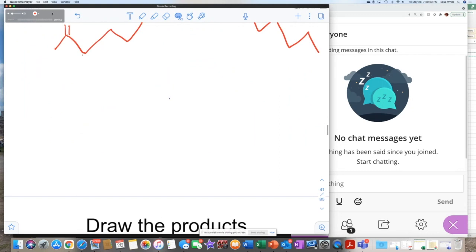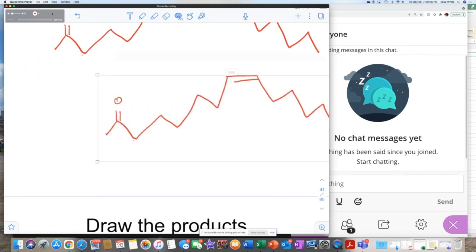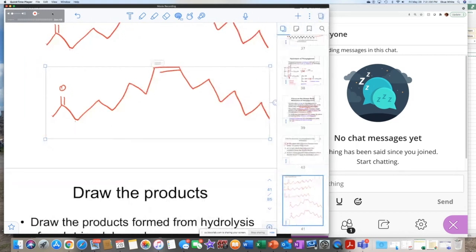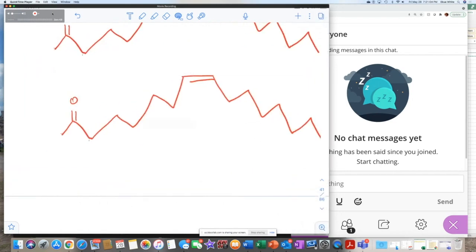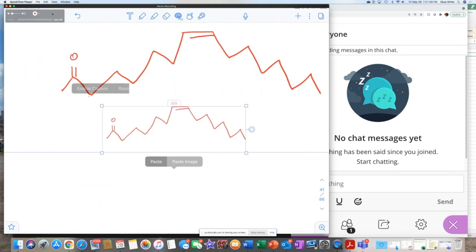Copy, paste. Oh, this is responding a little better. Maybe I'm slowing down a little bit more. Maybe I was moving too fast. I don't know. And then paste here.